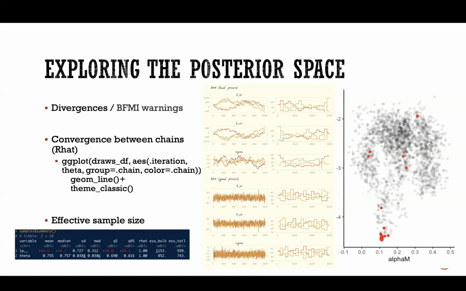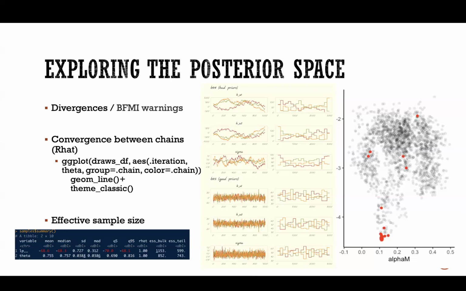What is a good effective sample size? Again, it depends on your needs of precision, but there are rules of thumb to start with. For instance, if you want a good estimate of a mode, and you have fewer than 200 effective sample size, that's going to be pretty crappy, right?